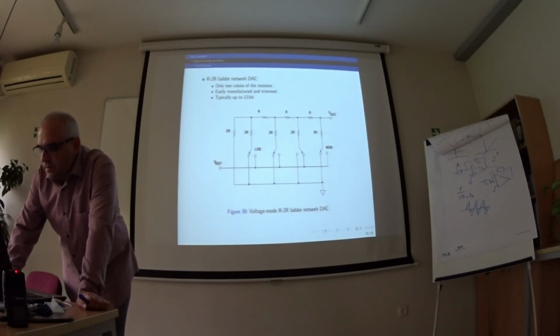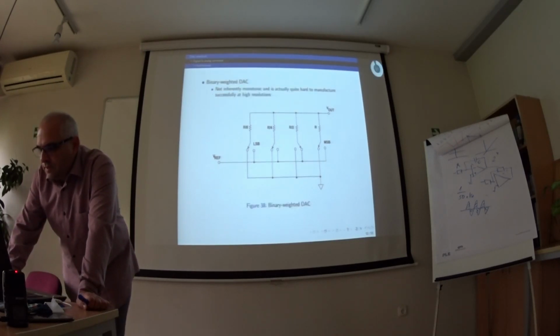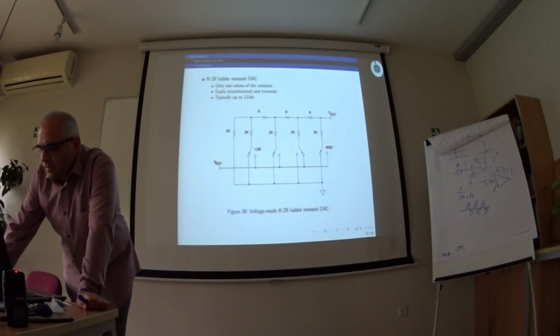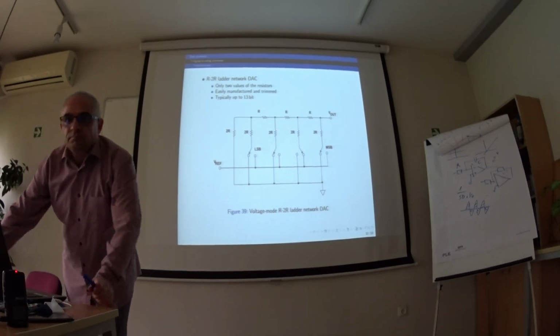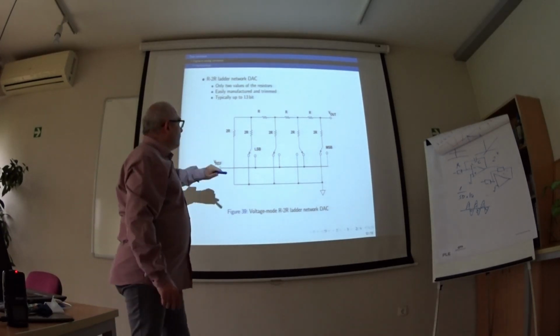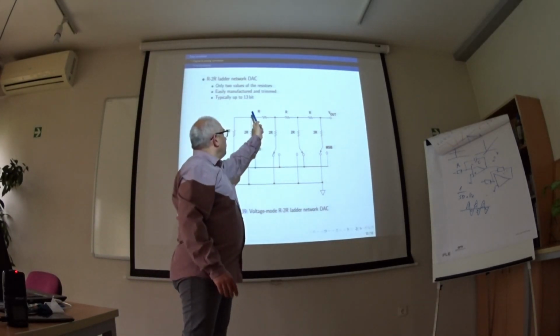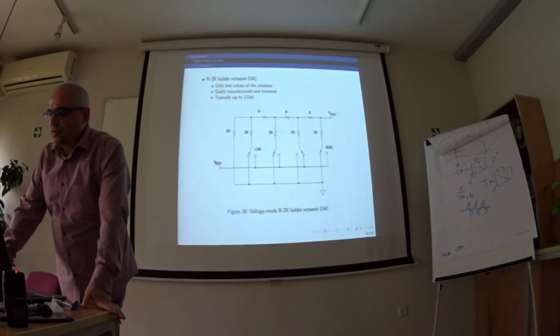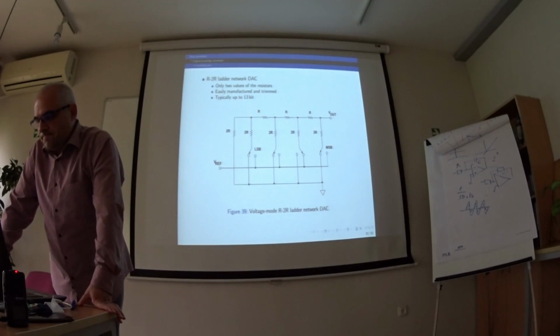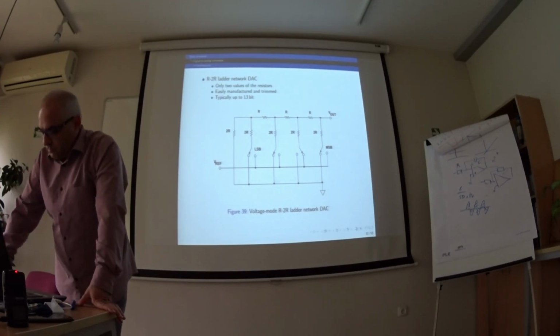Now it behaves in the same way as this version, but with this network we use only two values of resistors, R and twice R. Very easy to manufacture and trim, because we want very close matching values for R and 2R, but the resolution is still low.